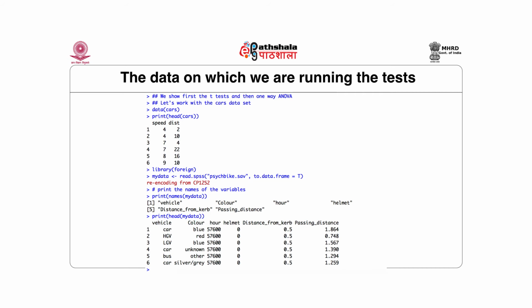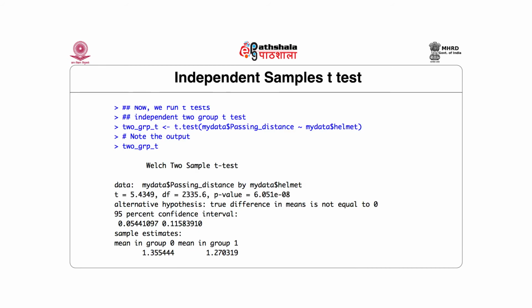Next we're going to learn how we can use what is known as an independent samples t-test. In an independent samples two-group t-test, we are going to use an outcome variable which is continuous, and an explanatory variable, or a variable whose differences we are examining, which we assume is a categorical variable.